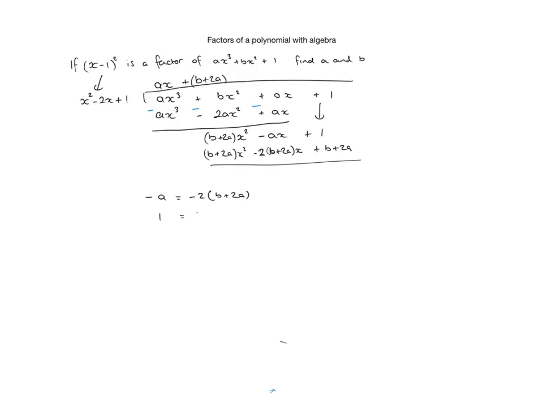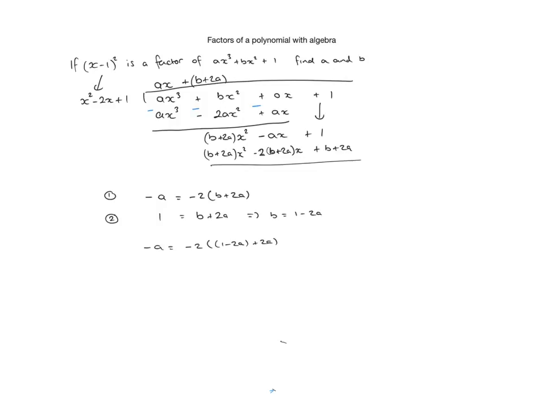What we have here, guys, is a set of simultaneous equations, 2 unknowns and 2 equations, so we can solve this. Using equation 2, this implies that b is equal to 1 minus 2a, and we can stick that into equation 1. So minus a is equal to minus 2 times b, which is 1 minus 2a, plus 2a.